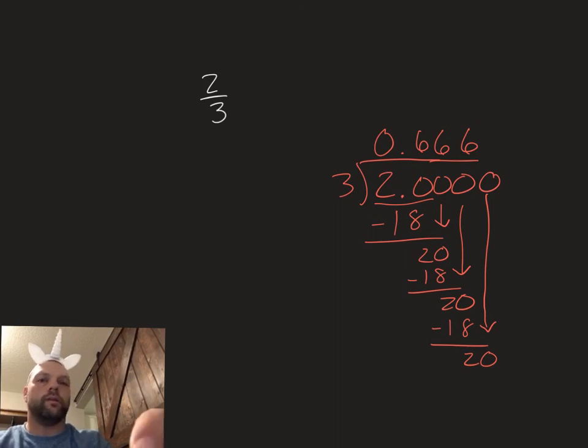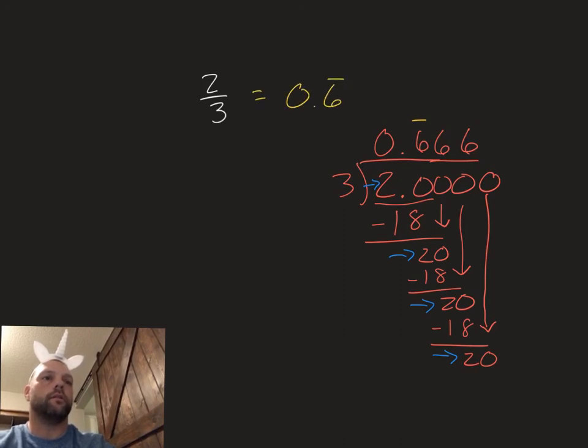It's always coming out to be this 20 every single time. So my pattern is constantly going to be this 6 repeating. So we would write this as 0.6 repeating.